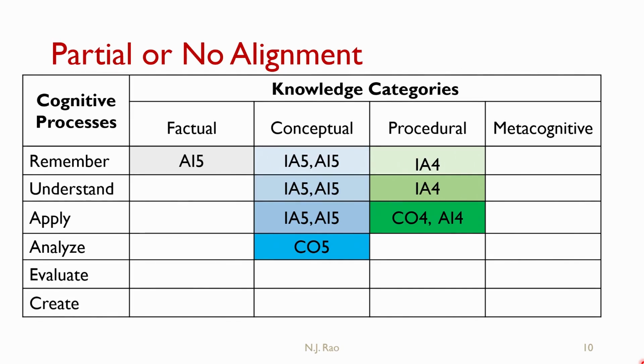Then I can have another situation, extreme one. AI5 belongs to 1 and 1. That means it is neither analyze nor conceptual, it is only some kind of remembering some definitions or some factual information, and it is in total misalignment with the CO5. This is what one needs to understand when you talk about using taxonomy table to understand the alignment.